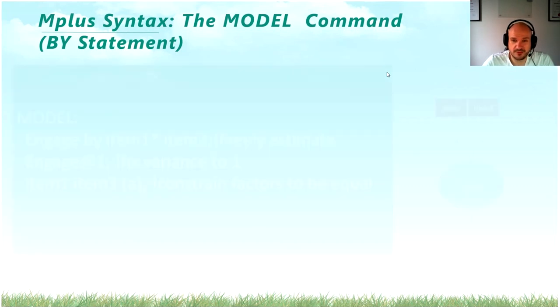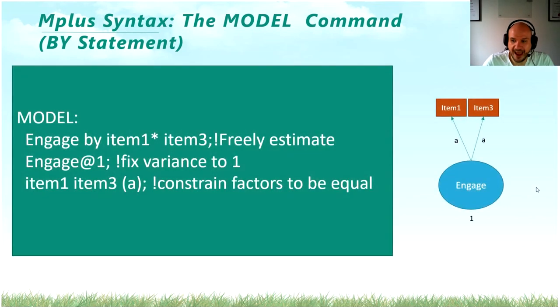Important is that we have to move that 1, the variance that's estimated on item 1, we have to take it out and constrain the factor, so engagement's variance, to 1, right? We have to allow item 1 that was previously constrained to 1 to be freely estimated, right?